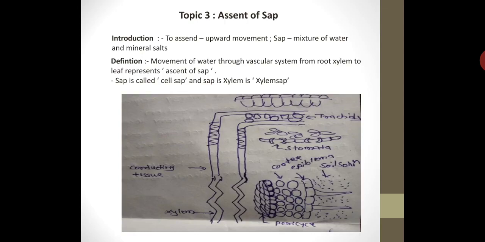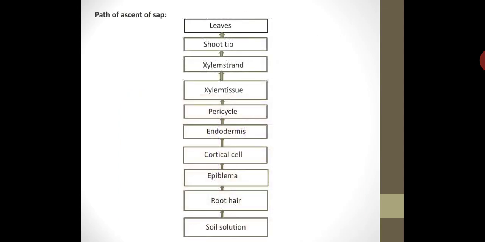Now the same is shown in another flow sheet. See, from the base, soil solution where the sap is present, that is a mixture of water plus salts. Then that sap enters through the root hair, the epiblema, then cortical cells of the root, endodermis, pericycle, and finally xylem of the root.